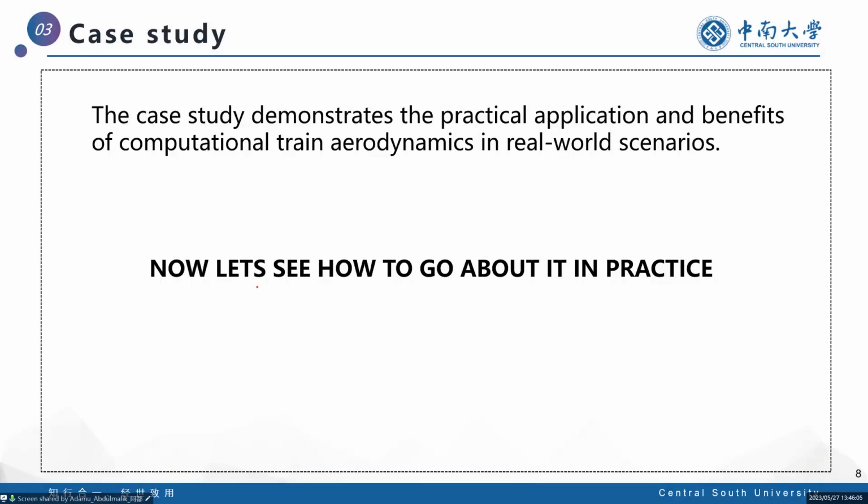In this case, computational train aerodynamics. A train is a very complex and very big vehicle. So to carry out an experiment, you need a lot of money, most especially the full-scale experiment. Other experimental methods include the reduced-scale experiment, which includes the wind tunnel experiment and the moving model experiment.